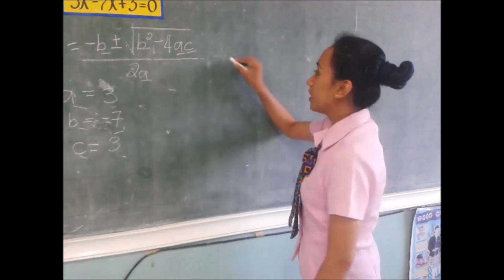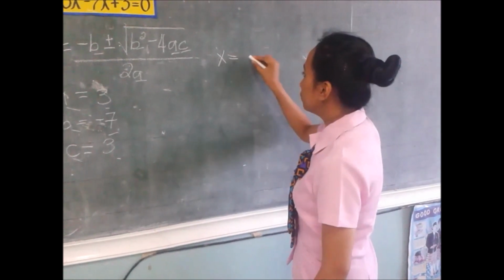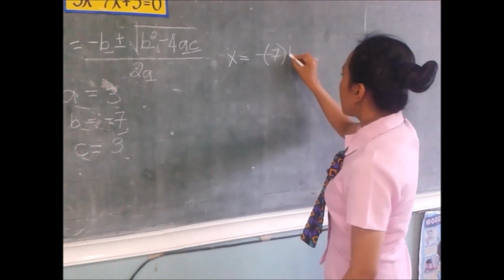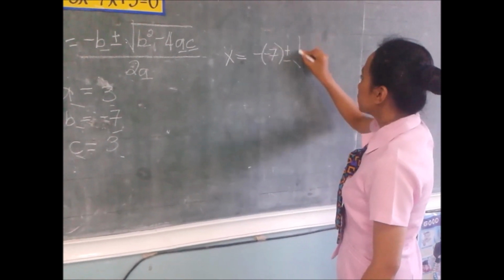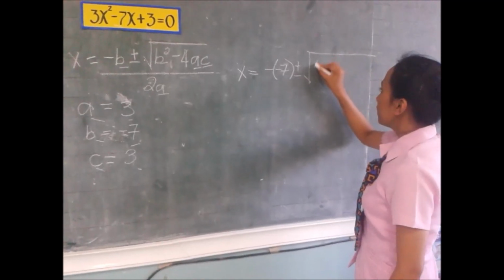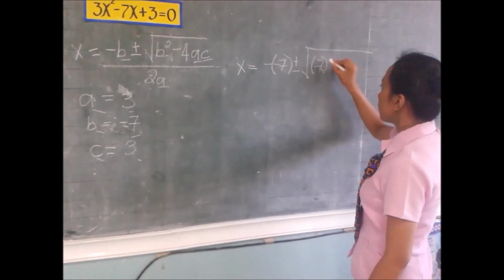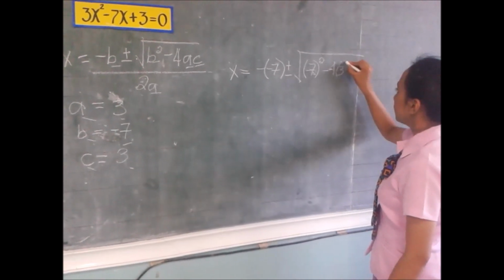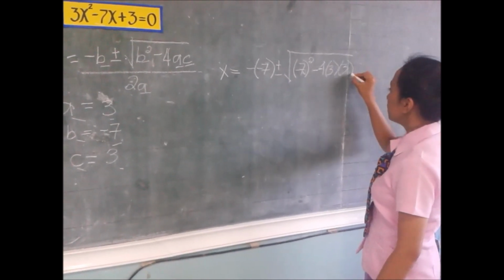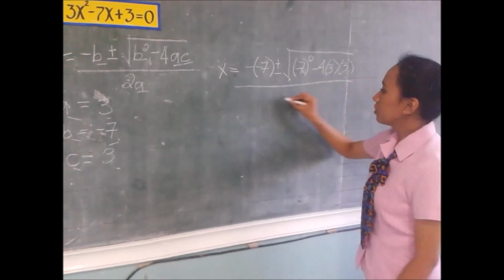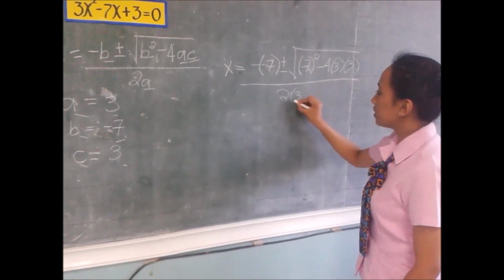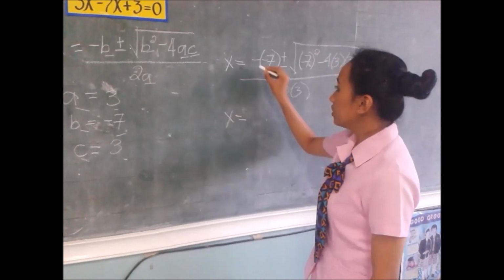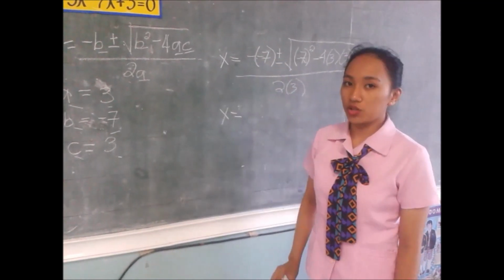So we have x is equal to negative times negative 7 plus minus square root of negative 7 squared minus 4 times 3 times 3 all over 2 times 3. X is equal to negative times negative is equal to positive.